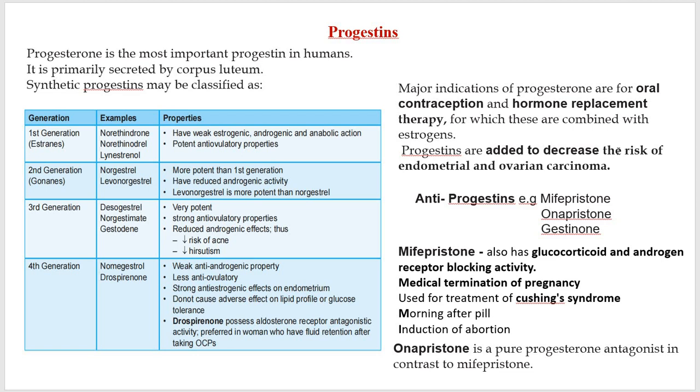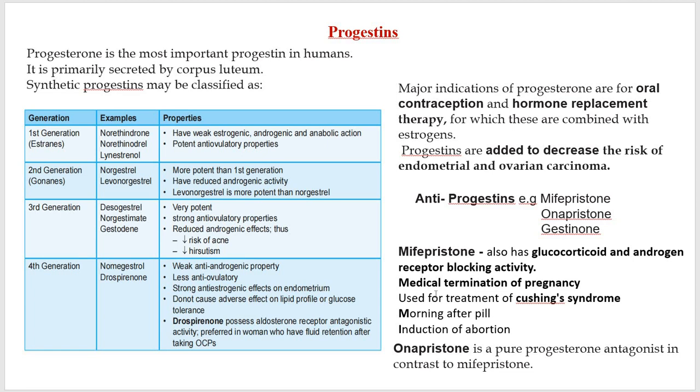Progestins are added to decrease the risk of endometrial and ovarian carcinoma. And the antiprogestin drugs are mifepristone, onapristone, and gestipristone. Just remember that the special point for these drugs is that they have glucocorticoid and androgen receptor blocking activity.